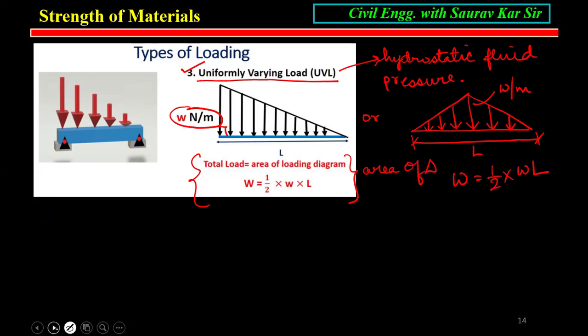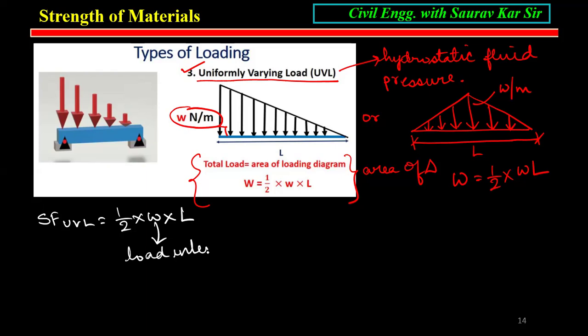When I discuss the shear force in UVL, it will be half into base into height. The base is the length and the height is the load intensity. Keep in mind the small w is the load intensity, so half into w into L is the area of the triangle.